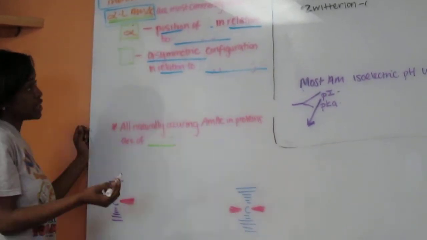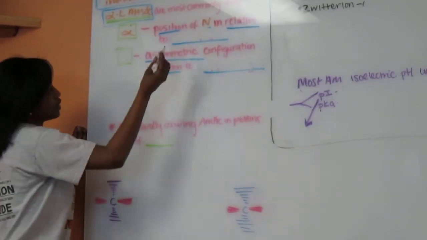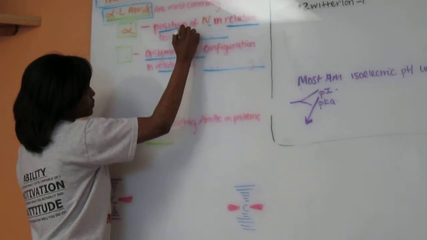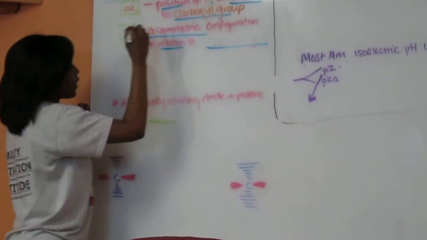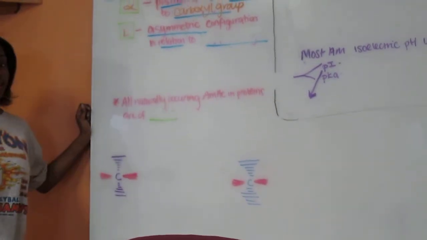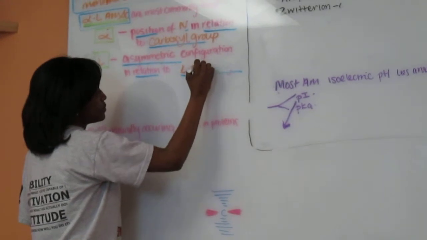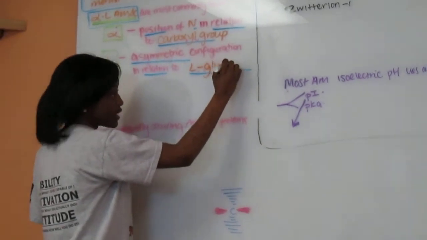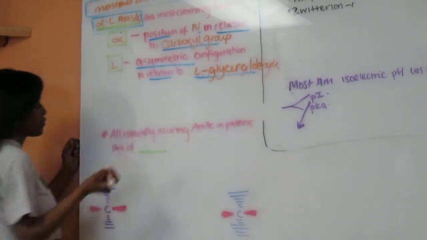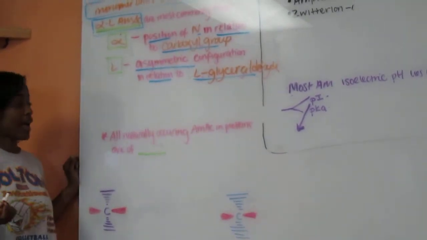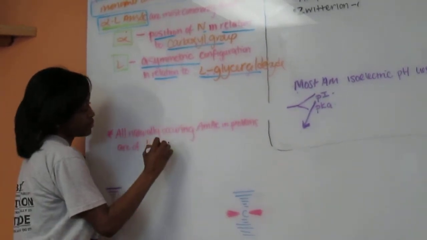Alpha is the position of N in relation to the carboxyl group. L is asymmetric configuration in relation to L-glyceraldehyde. All naturally occurring amino acids and proteins are of L configuration.